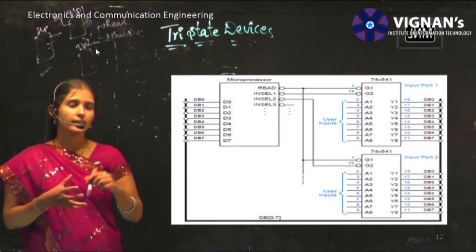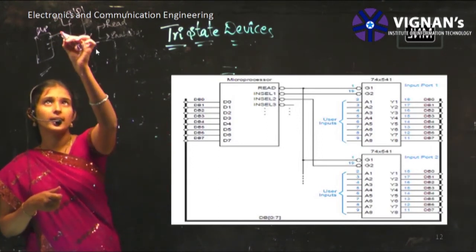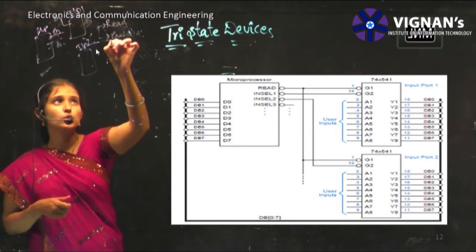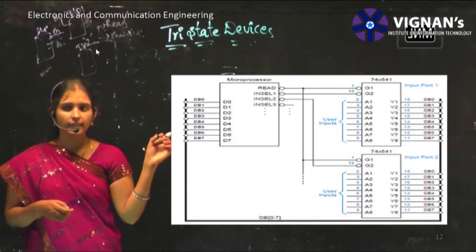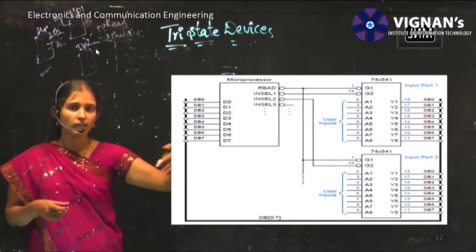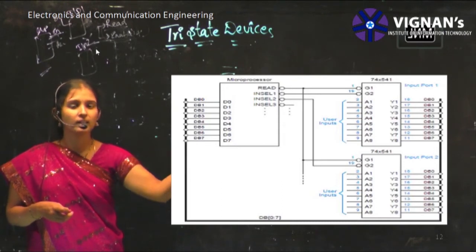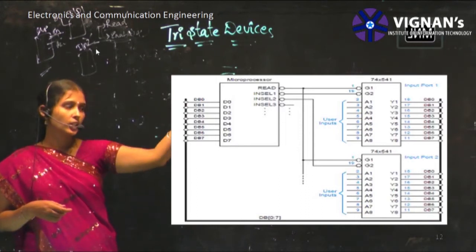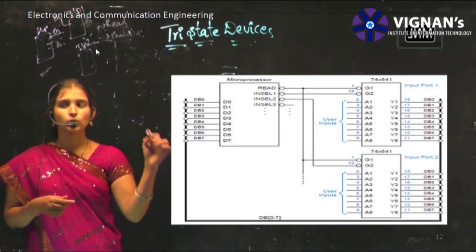Depending upon your enable input as well as read input, if these two are activated, that particular input peripheral will be selected. All 8 tri-state buffers will be activated, so whatever data is there from the input terminals will be accessed by the microprocessor over the common bus. You can see a common bus running from the peripherals to the microprocessor.